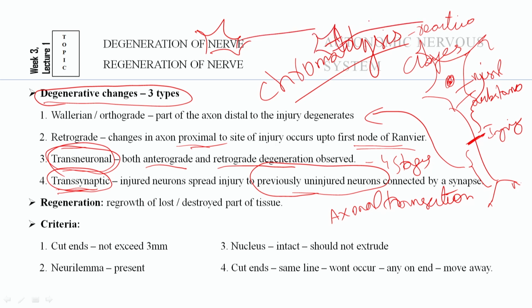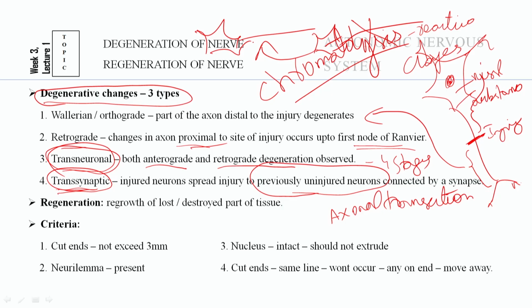Now this neuron has some injury, and it spreads the injury to this undamaged neuron. This type of degenerative change is called transsynaptic. That means it is crossing the synapse and spreading the injury to the next neuron. So that is called transsynaptic degeneration.